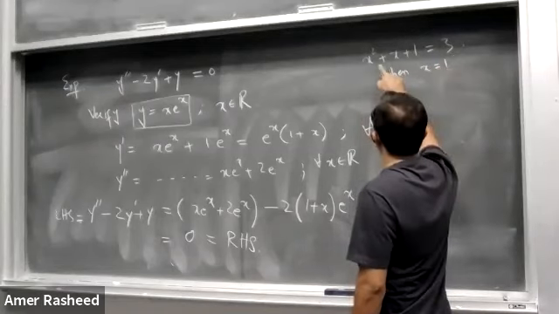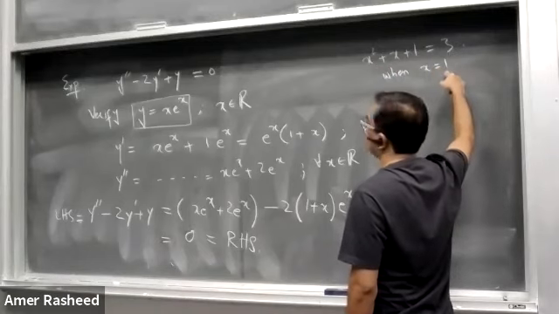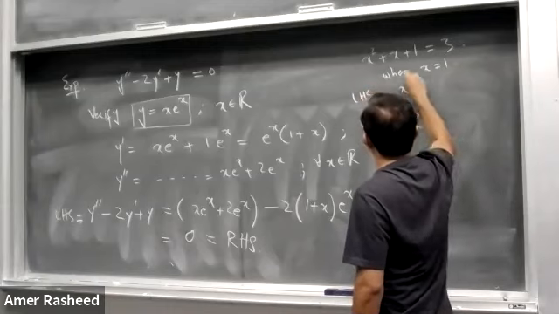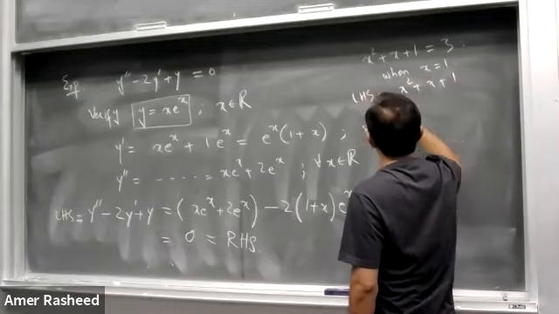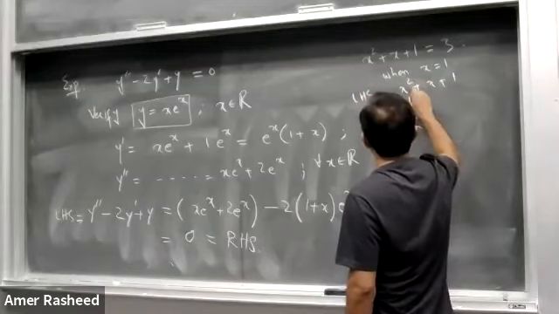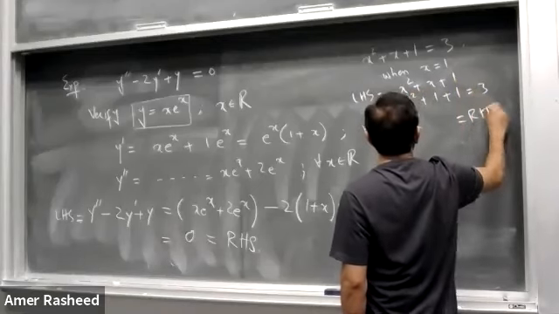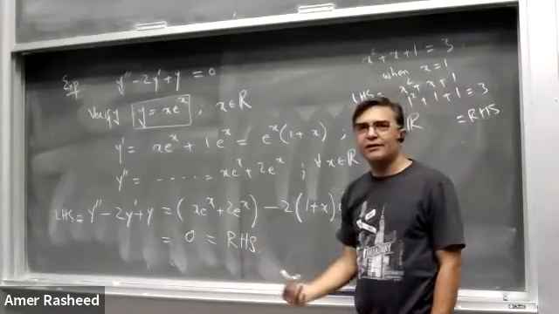You choose the left-hand side, plug in x equal to 1: 1 squared plus 1 plus 1 is 3, which is equal to the right-hand side. So that is how we prove it.